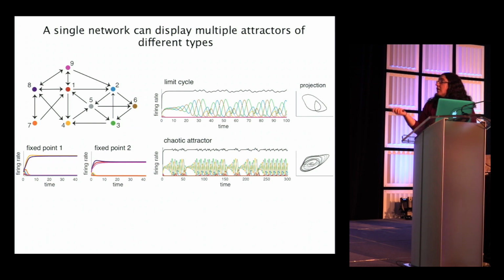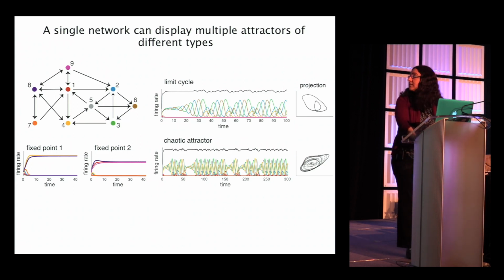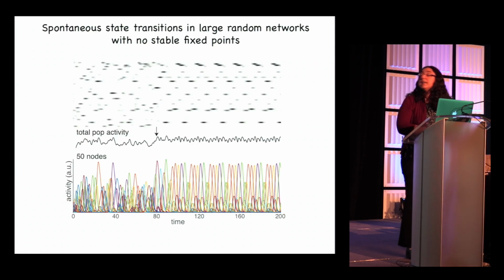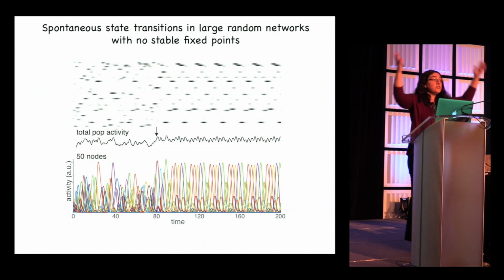And what chooses which one is initial conditions, as usual. A different initial condition will take you into a different one of these attractors. But there can be this nice richness to the landscape of attractors. And here, because I know how to make networks, if I make an oriented graph with no sinks, a large random one, so this one has 50 nodes, but I can make bigger ones, of course, I can simulate activity and be guaranteed that I'm never going to go to a stable fixed point, right?